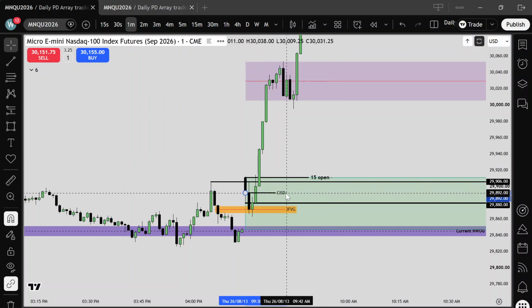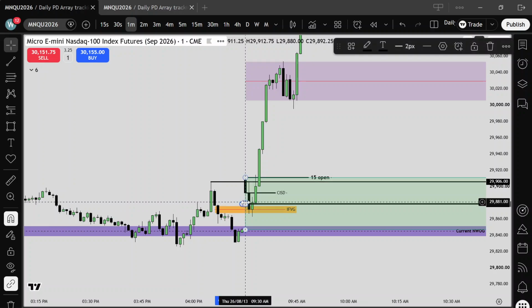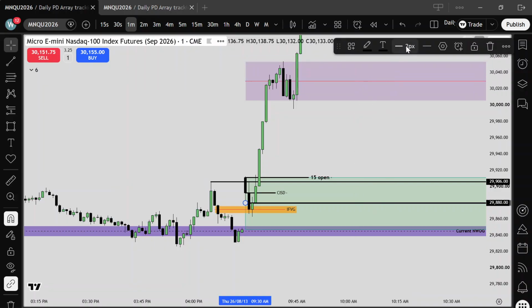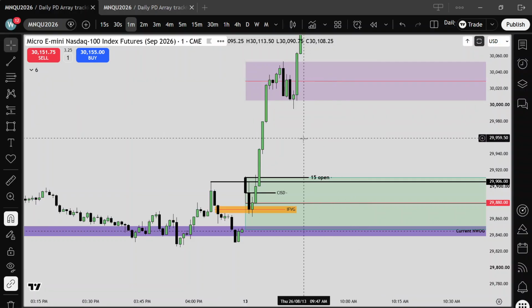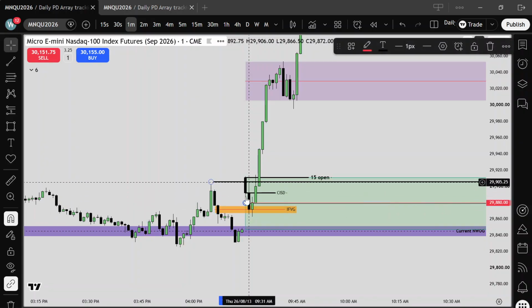So if we look at this right here, and let's take, this was the low of this, so I'm going to make it smaller and red, and then this is our opening range gap.